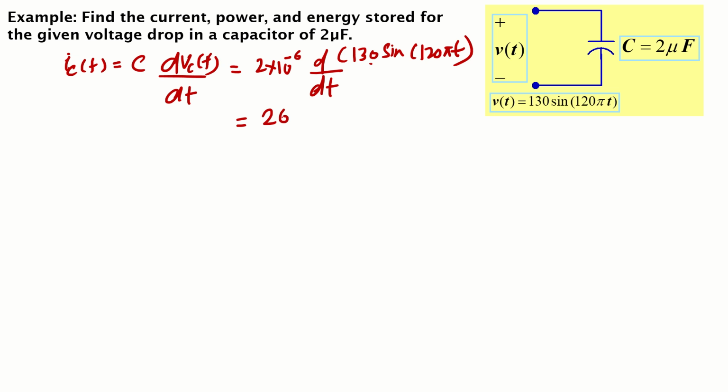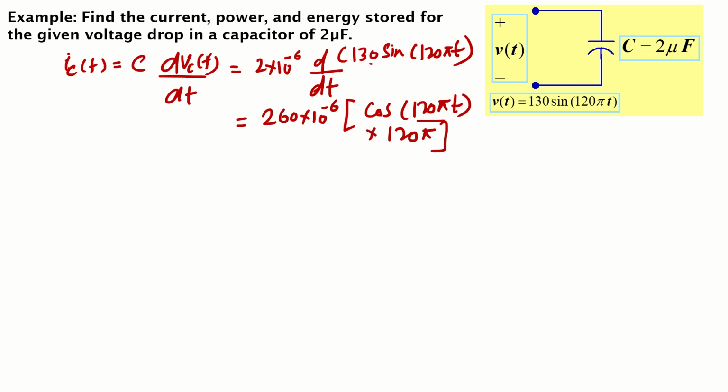260 times 10 power minus 6. So we are left with the sine. The derivative of sine is cosine, so that will be cosine 120 pi t, and this will also be multiplied with the derivative of the inner term, which is 120 pi.